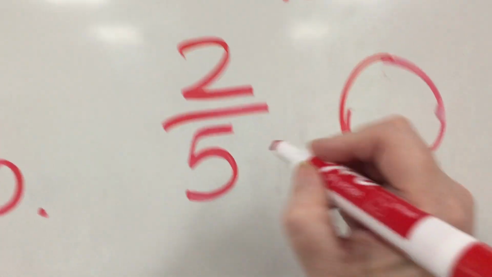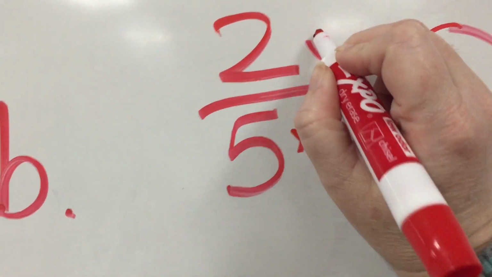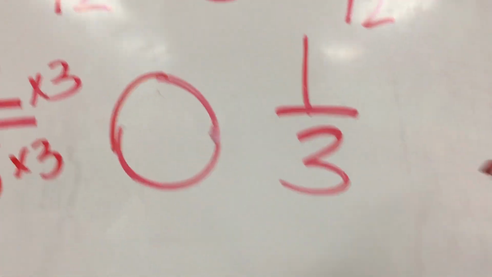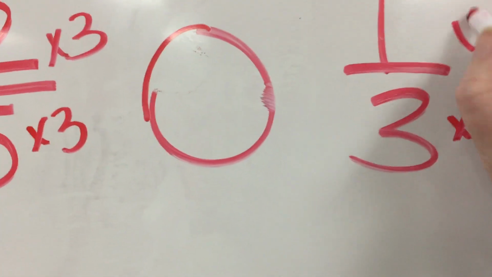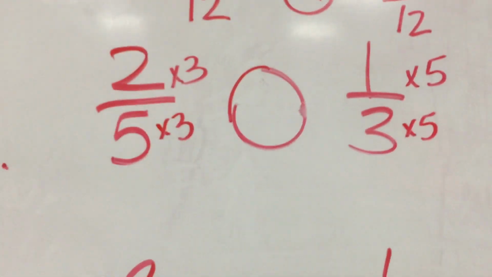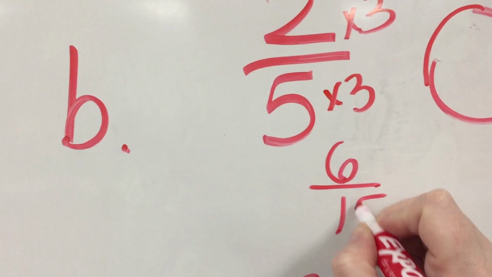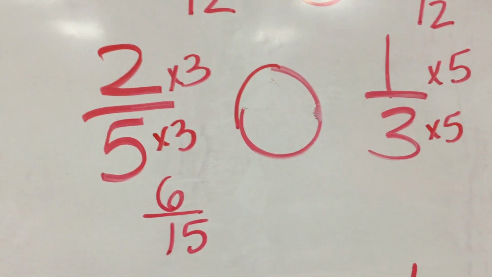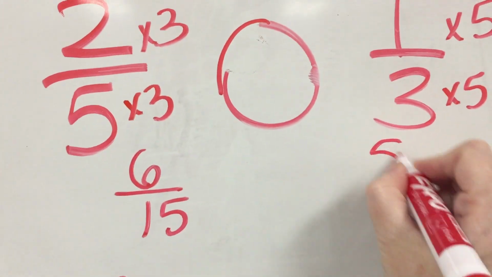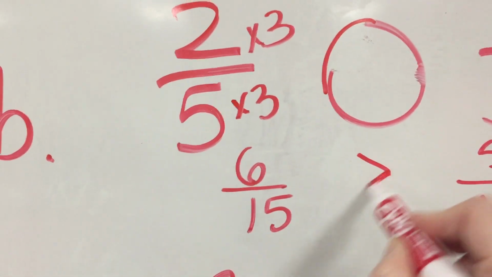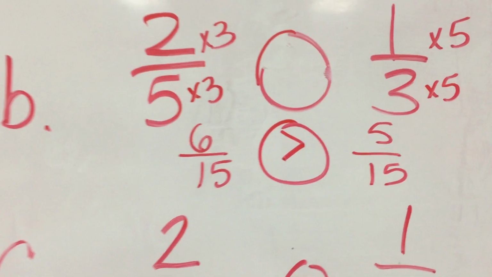Well, over here, I'm going to multiply by 3. That will get my denominator of 15. And over here, I have to multiply by 5 to get that denominator. So here I have 6/15, and here I have 5/15. So this will be bigger.